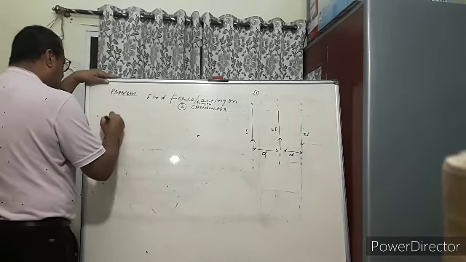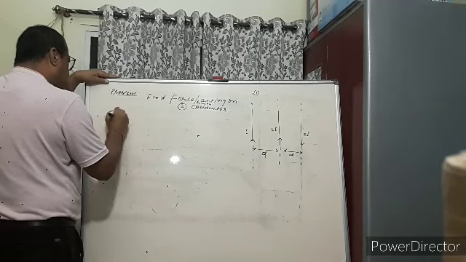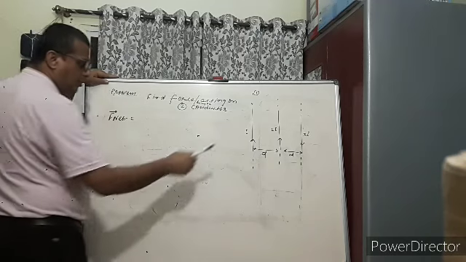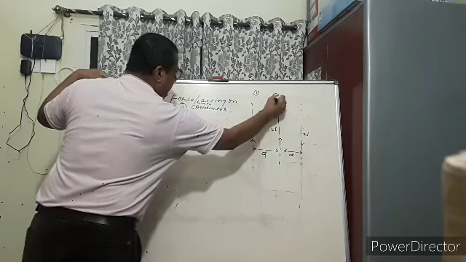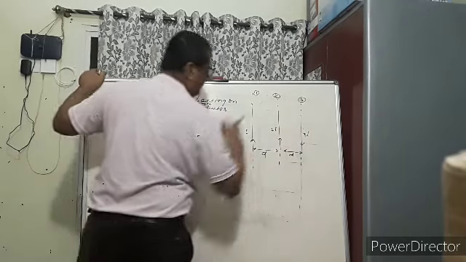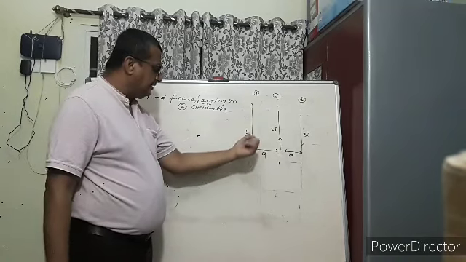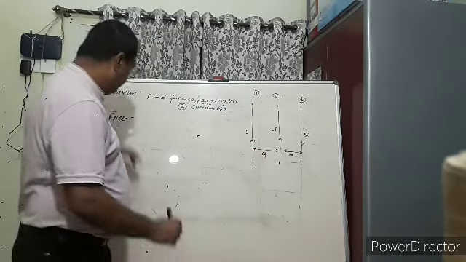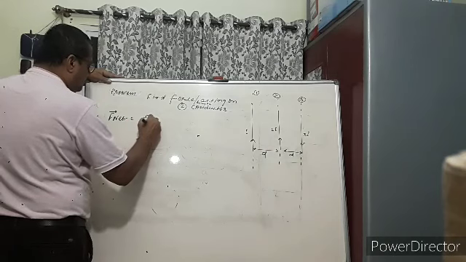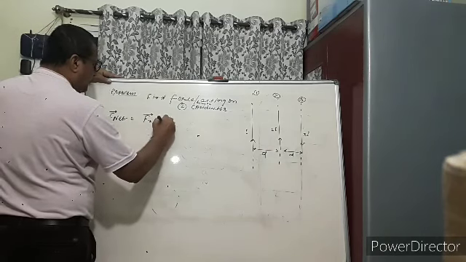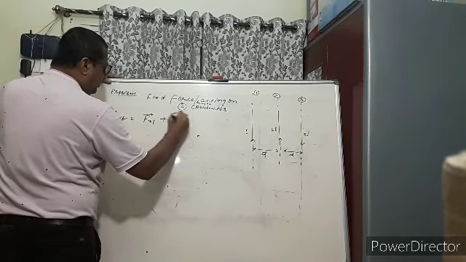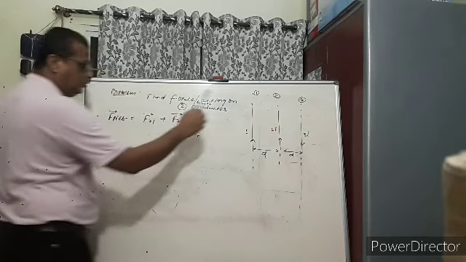The net force on the second, this is the second, this is the third, is the force on 2 due to 1 plus the force on 2 due to 3.